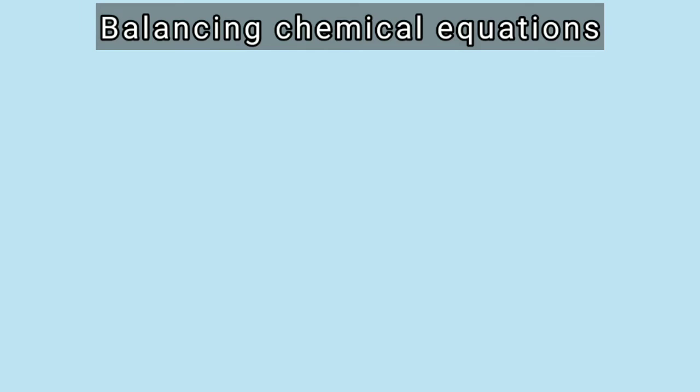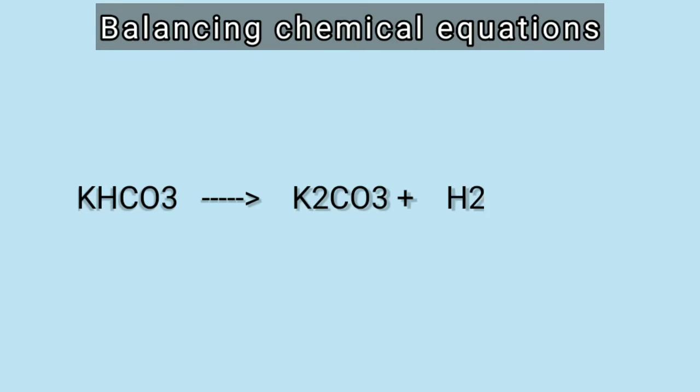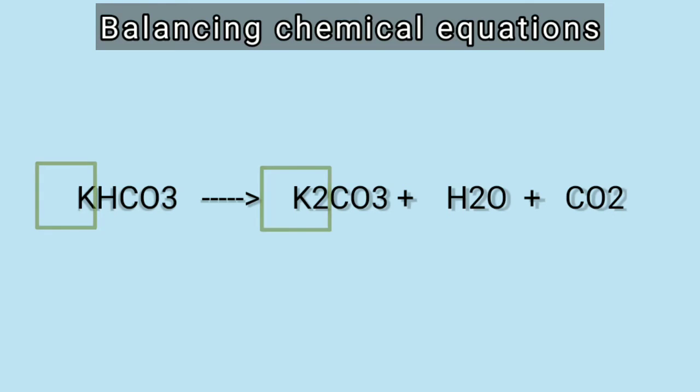In the next equation, potassium bicarbonate decomposes to form potassium carbonate, water and carbon dioxide. There are 2 potassium atoms on the right side and 1 potassium atom on the left side. So we will try to equalize that by writing 2 as a coefficient of potassium bicarbonate. So we have 2 potassium on either side.